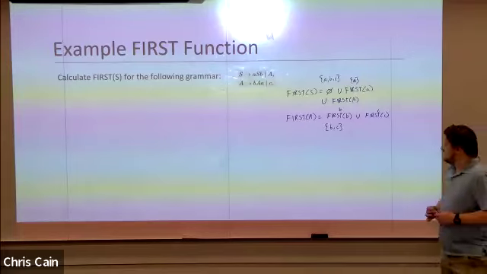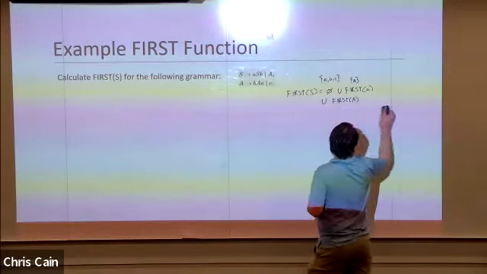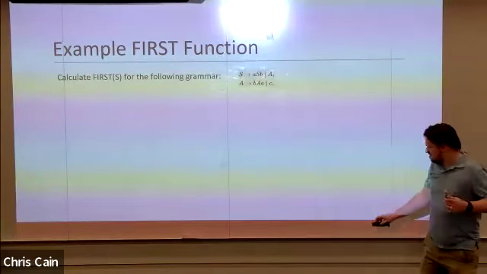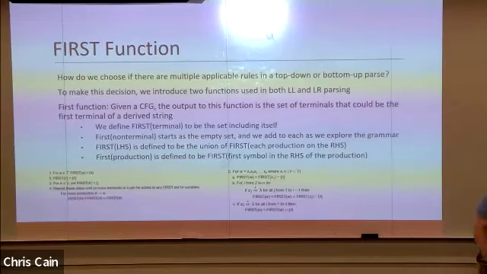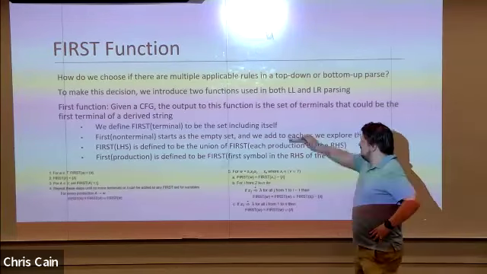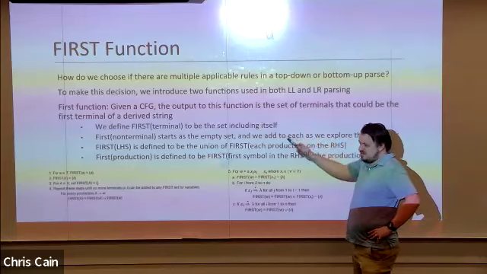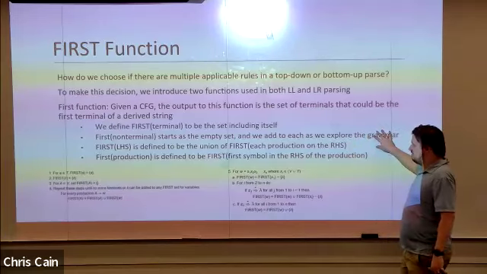So now, with that example under our belt, I think we can go back and talk about exactly the work on the past slide. Did all that make sense? Any questions about that algorithm? So first of a terminal is the set of itself. First of a non-terminal starts as the empty set, and we union to it as we explore the grammar.